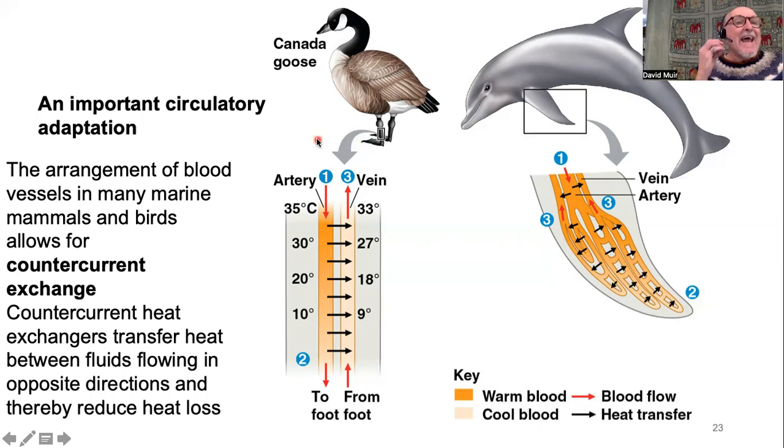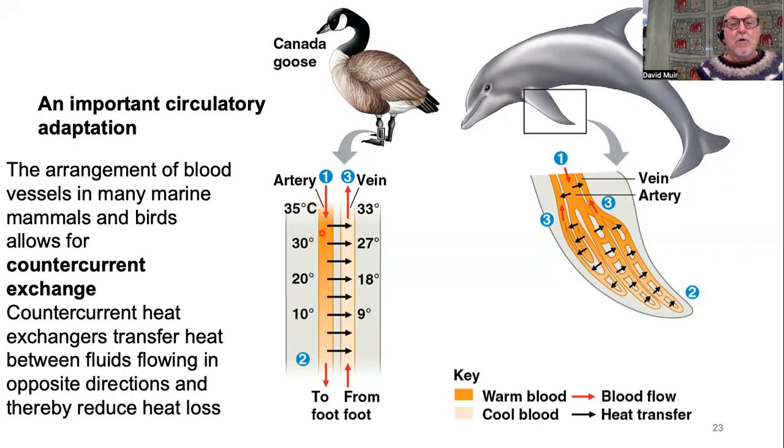But here's what actually happens. It's really essentially a very simple system. And that is that the arteries, which are carrying the hot blood away from the core, run very, very close to the veins, which are carrying blood from the extremity towards the core. And the result is that, for example, here's the blood just leaving the body, entering the limb at 35 degrees Celsius.